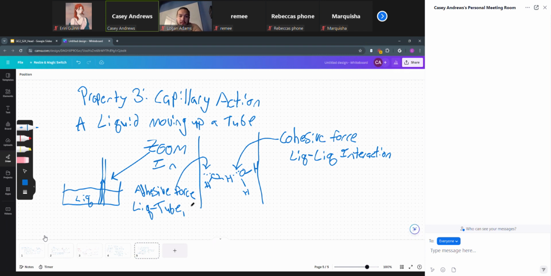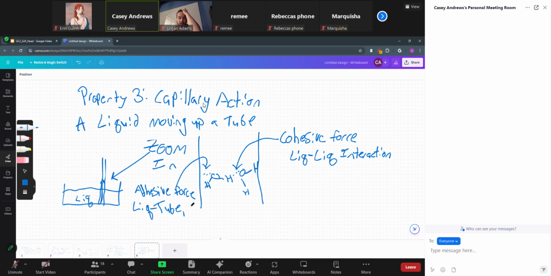So now that we have defined those two, let's talk about why capillary action happens. I stick a tube into a liquid. Because of adhesive forces, the liquid wants to interact with the tube. So it's going to start climbing the tube to interact with the surface, right? Everyone's like, ooh, new interactions, let's go interact.